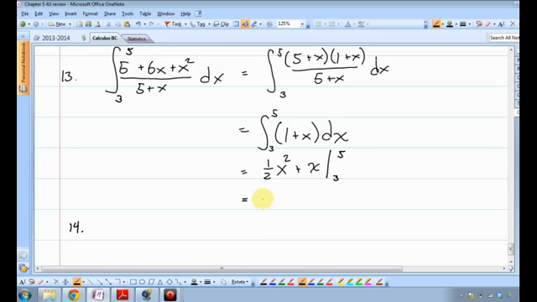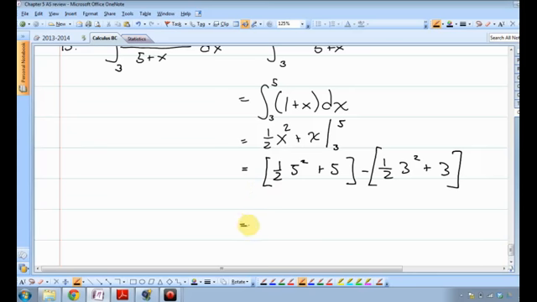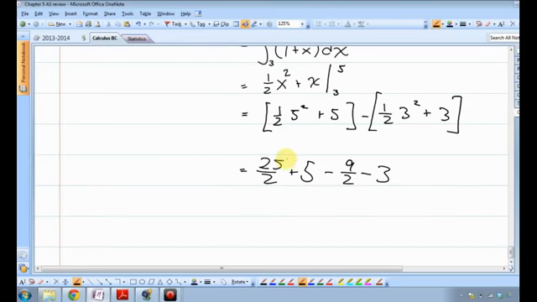All right, so what is that? 1/2 of 5 squared plus 5 minus 1/2 of 3 squared plus 3. 25 over 2 plus 5 minus 9 over 2 minus 3. 16 over 2 is 8. 8 plus 5 is 13. 13 minus 3 is 10.